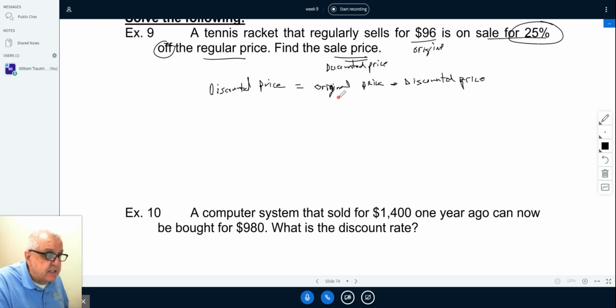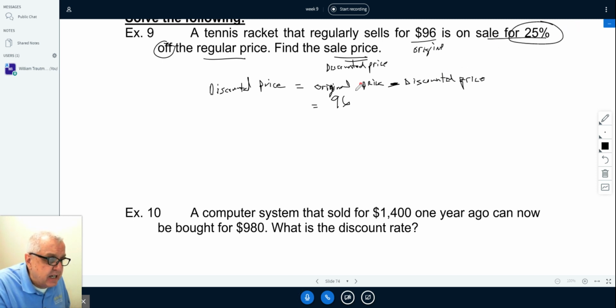Well, the original price is $96. The only thing we don't know is the actual discounted price. You see, the sales price is 25% off of the original.